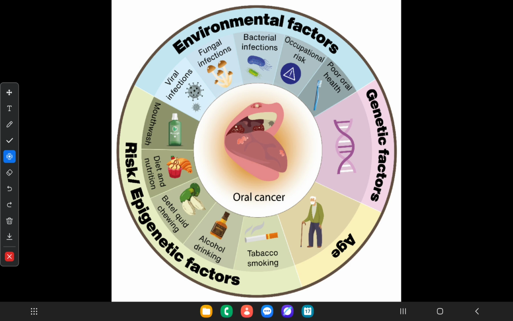The other risk factors are usage of mouthwash, diet and nutrition, betel chewing, as well as alcohol drinking and tobacco smoking. Those are the most common risk factors for oral cancers.